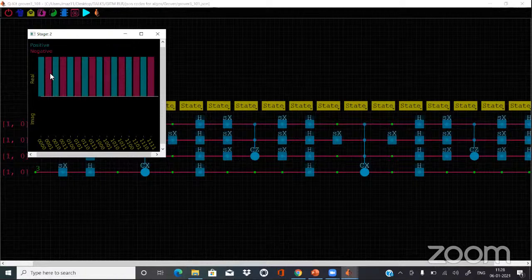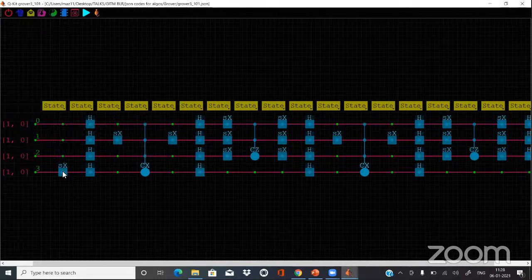This red is showing the negative amplitude and this is showing the positive one. Here is the first qubit, second qubit, third qubit, and fourth qubit. Initially all states are in equal superposition over these 4 qubits, and since the fourth was 1, we have this negative amplitude here.